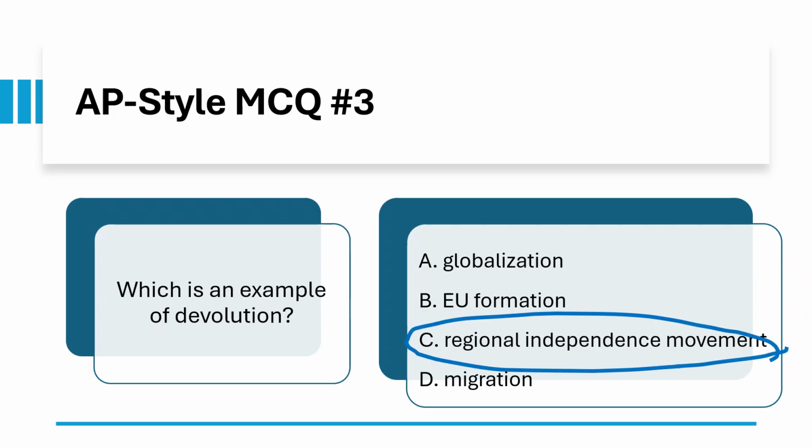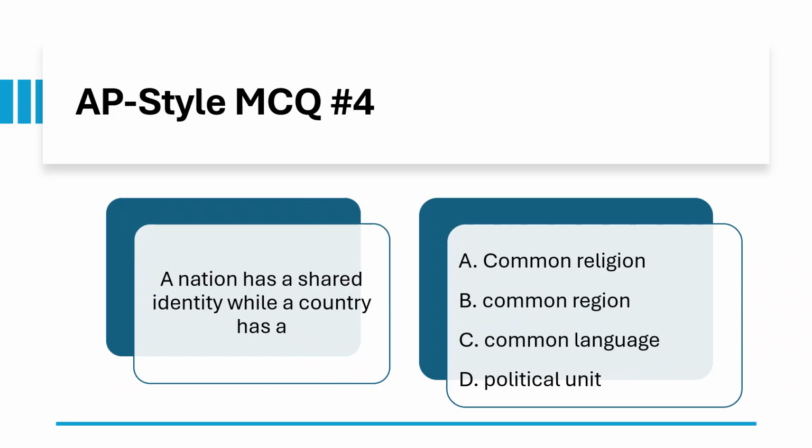If you chose C, a regional independence movement, you're correct. A regional independence movement means they want power for themselves. So devolving power down just might stop them from wanting to leave.